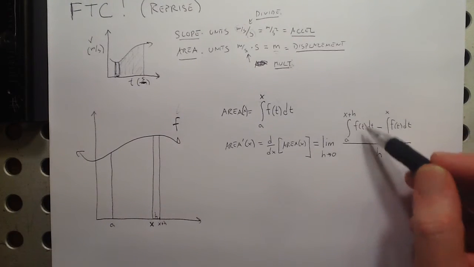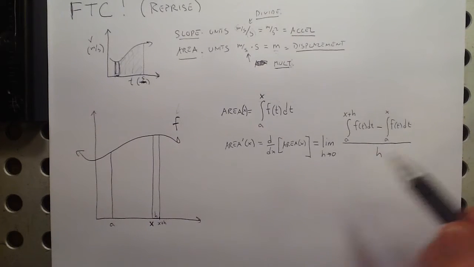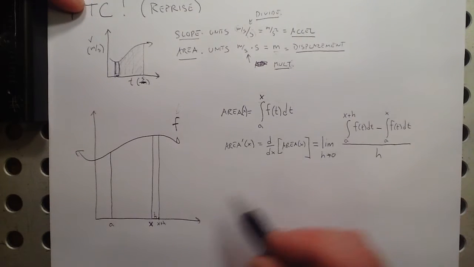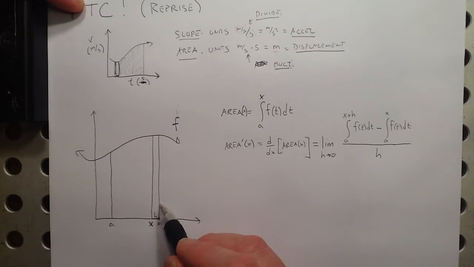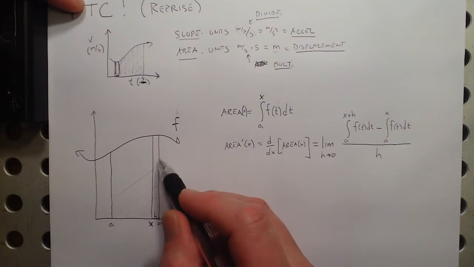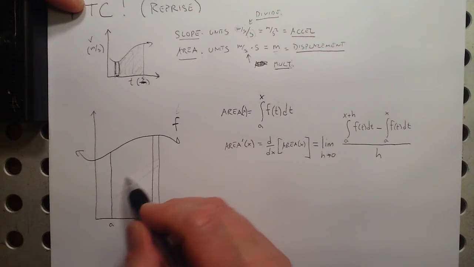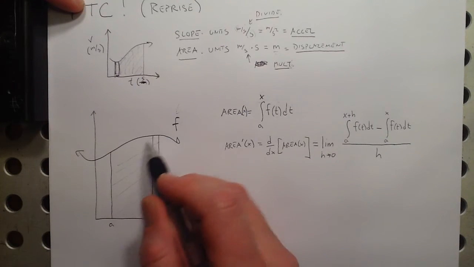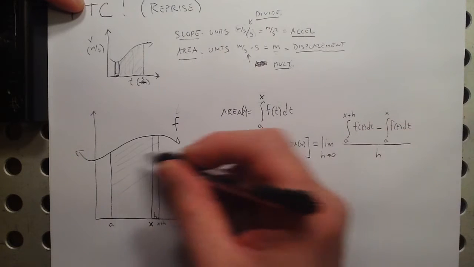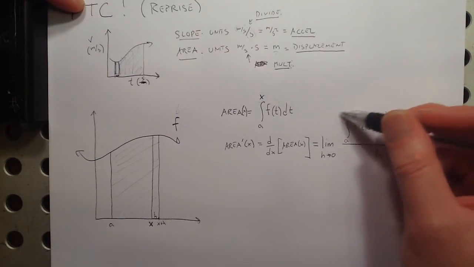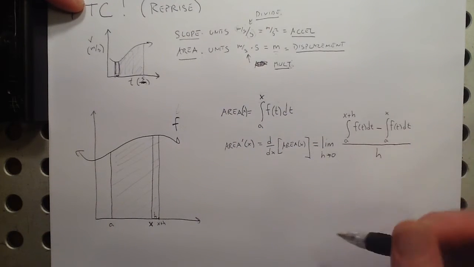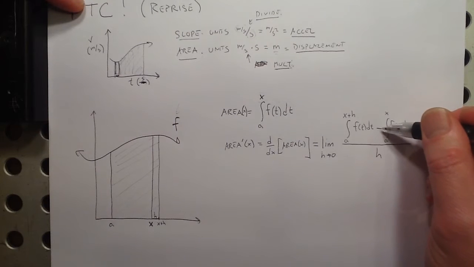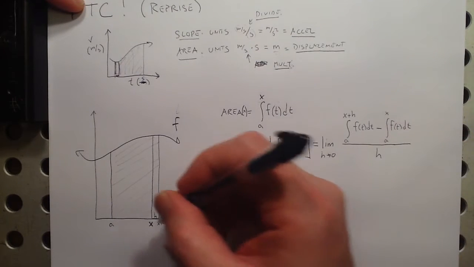So now thinking about what we know about areas, the area from a to x plus h would be this area, all the way to the far right edge. That is a picture interpretation of the area from a to x plus h. And I'm going to subtract the area from a to x.